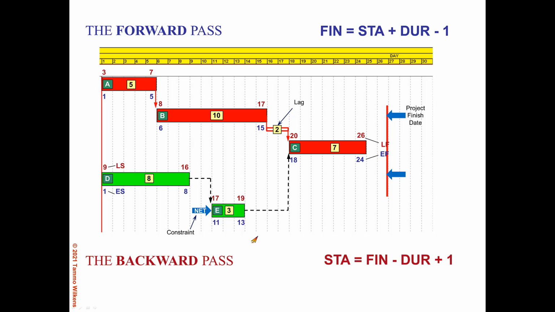So activity E has to finish no later than day 19, the afternoon before C starts. And then D would finish by day 16 and start by day 9. Now if we look at the float, you notice that our longest path has positive float, 2 days. E has 6 days, and D has the additional 2 days because of this constraint, so D has 8 days.